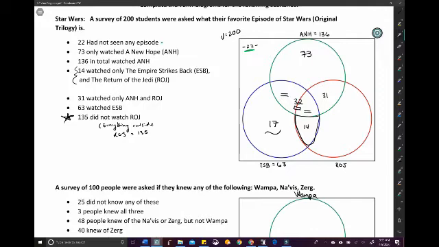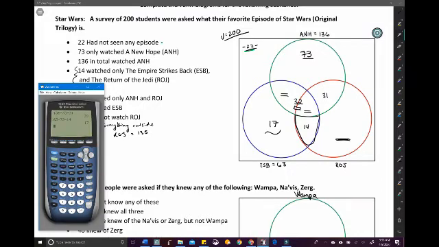What we can do is think of the opposite. We have every piece essentially filled but right here. So if we take the 200 and we subtract each of these, we can get the number of Return of the Jedi only.